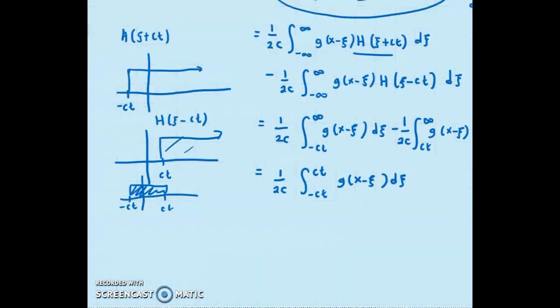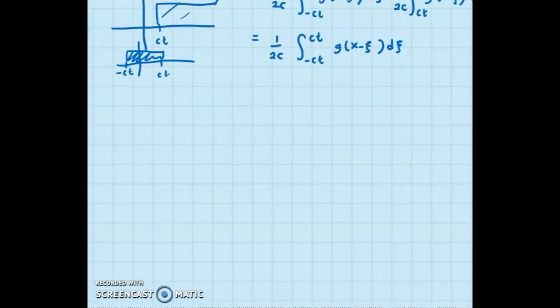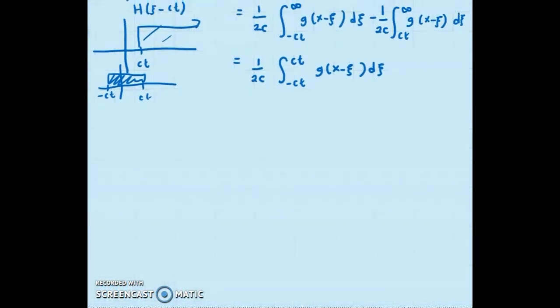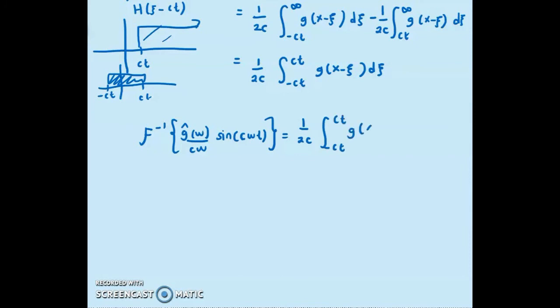Now what this tells you is that it's not yet done. This is what we have obtained, but we're going to use more transformation. The Fourier inverse of g hat omega over c omega times sine c omega t is given by 1 over 2c times the integral from minus ct to ct of g(x minus psi) d psi.